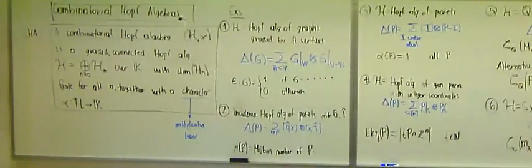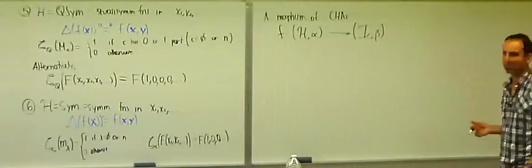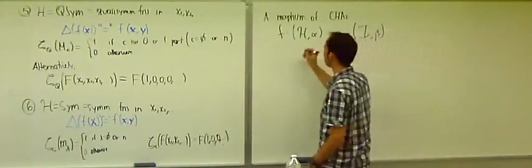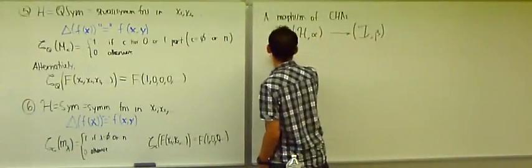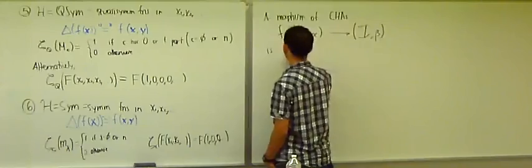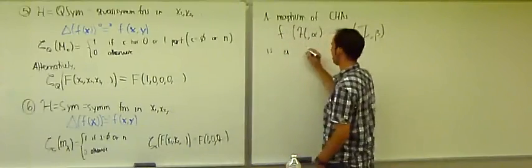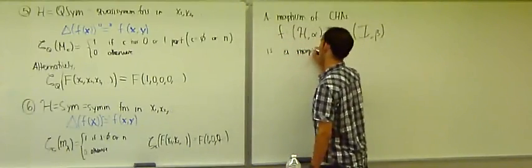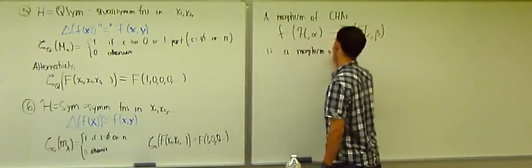Okay, morphism of combinatorial Hopf algebras. What should this be? Well, presumably you should take the Hopf algebra to the Hopf algebra. So it should be a morphism of Hopf algebras.